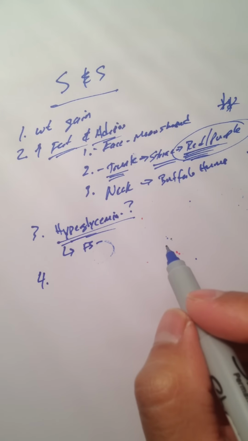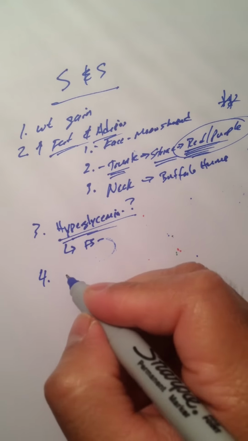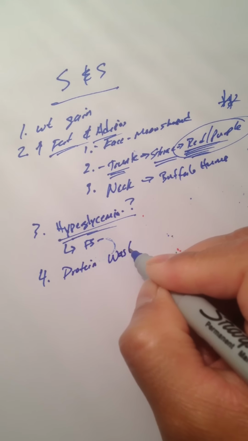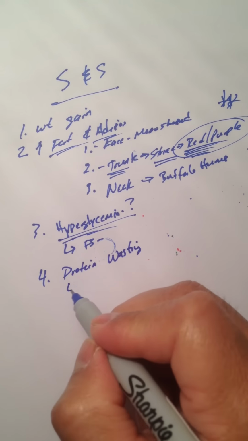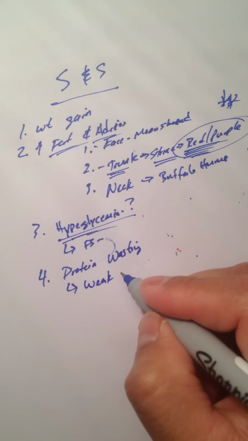Number four, cortisol has a catabolic effect on protein. Catabolic effect just means that cortisol is going to break down protein. It's going to eat protein away. Therefore, you will have protein wasting, and as a result, you'll have weak muscles. Remember, muscles are made out of protein.